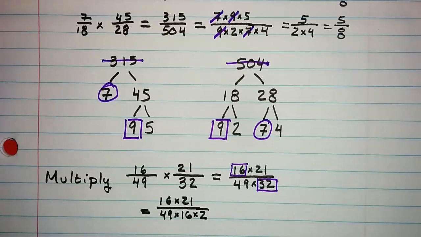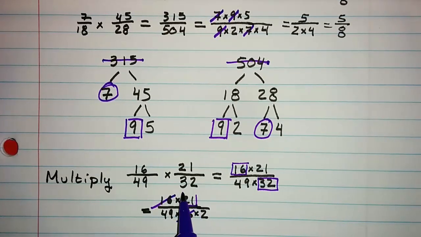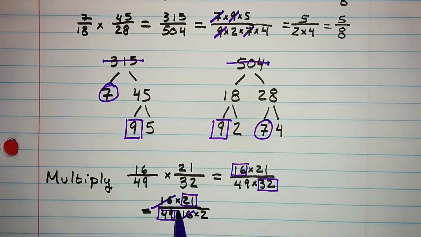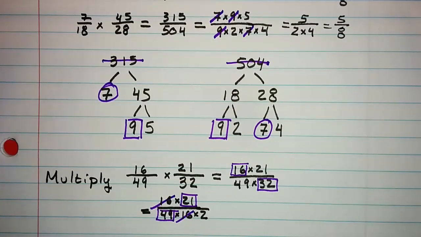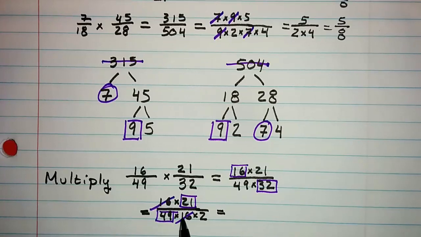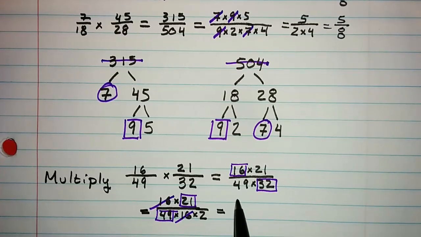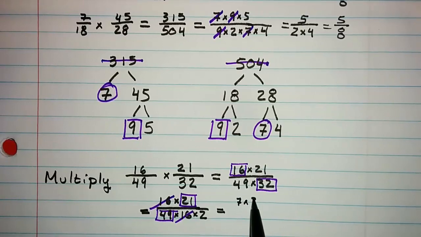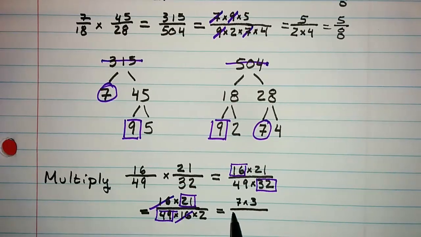In fact, 32 is 16 times 2. Or you could notice that 21 and 49 are each multiples of 7. Again, I'm not copying the 16 because I've already canceled that out. 21 is 7 times 3. 49 is 7 times 7.